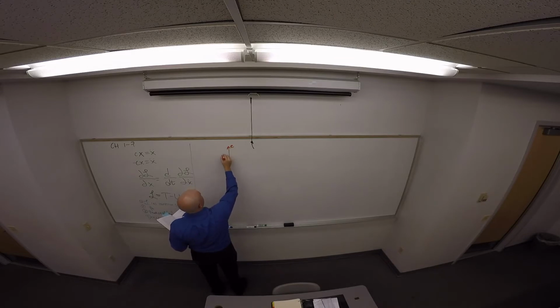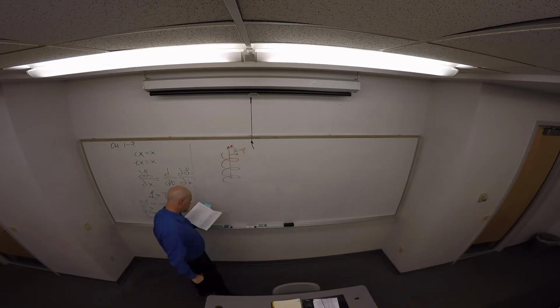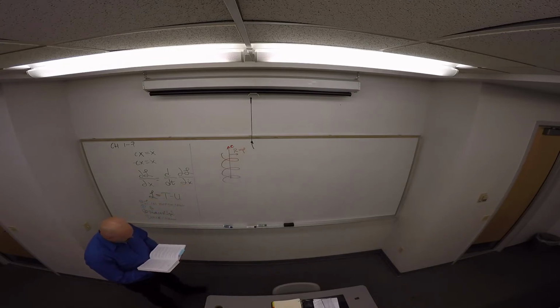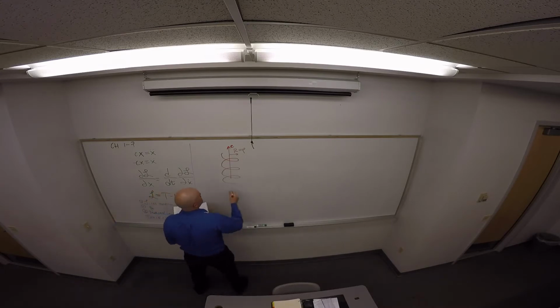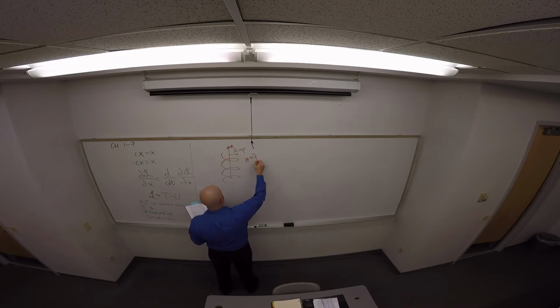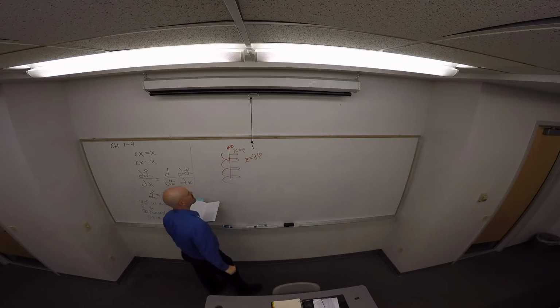There's a spiraling helix here with a given radius r, and parameterized such that along this path z is equal to lambda times phi.